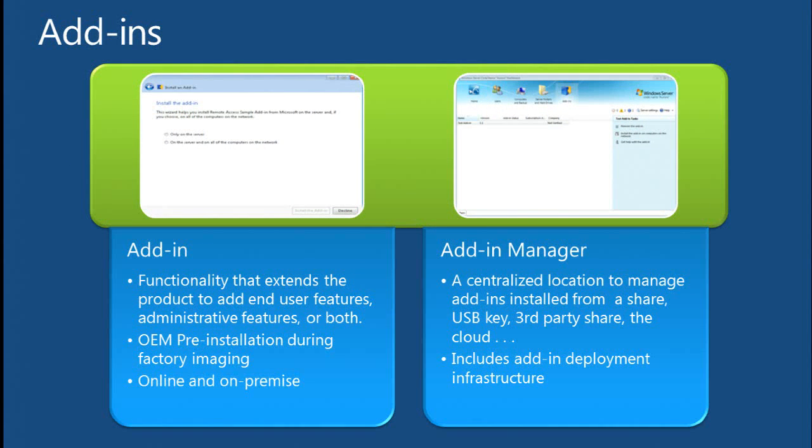Add-ins. I talked about the extensibility capabilities of SBS, and these are typically done using the add-in model. The Office 365 integration module is a great example of an add-in. Basically, what we're enabling the ISV community to do is to extend the core functionality of SBS.